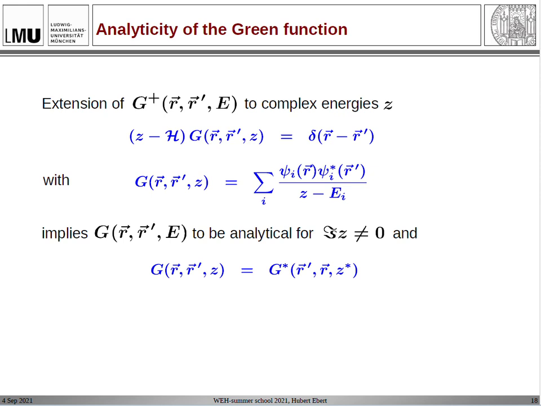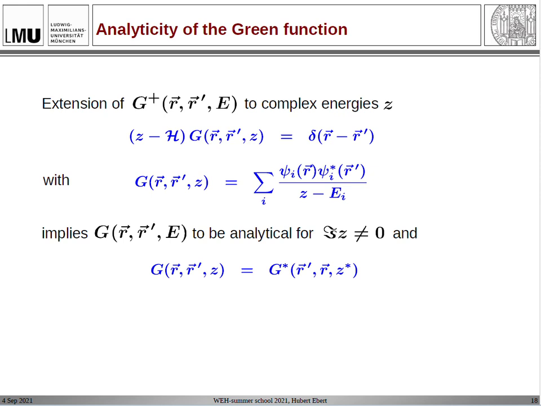And that means, of course, that the plus disappears. So we have just the Green's function as a function of a complex energy. And now, as long as we avoid the real axis, we can write it down without that limiting process. And that means the Green's function can obviously be evaluated at any set value in the complex plane, and most important for us, it's analytical. Well, what that means in practice, you see in a second.